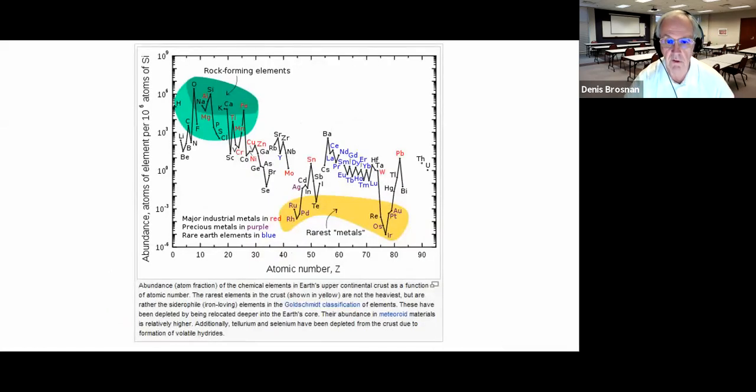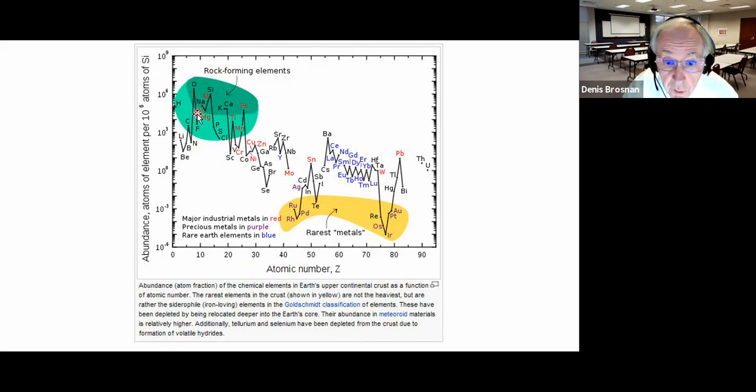Now, to further illustrate this, you can see here's a percentage of elements, relative abundance of elements on the surface of the Earth versus the atomic number. And the rock forming elements here are present in very large percentages. So these are the elements.